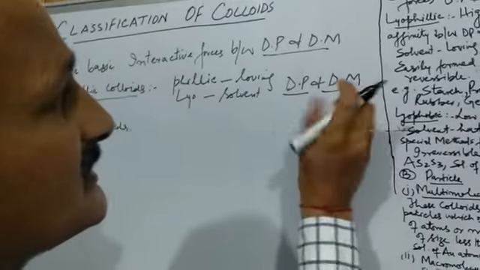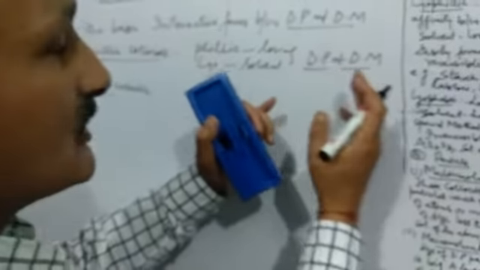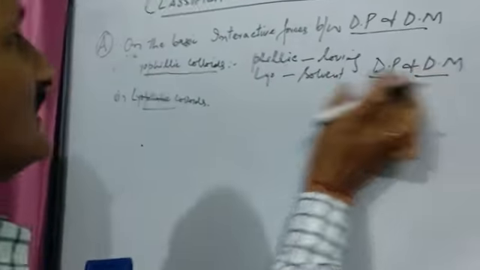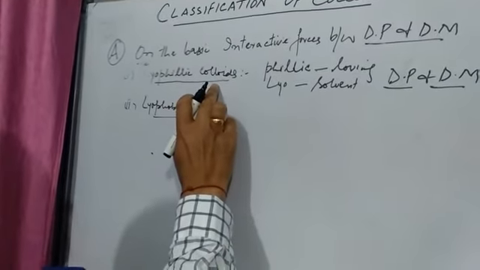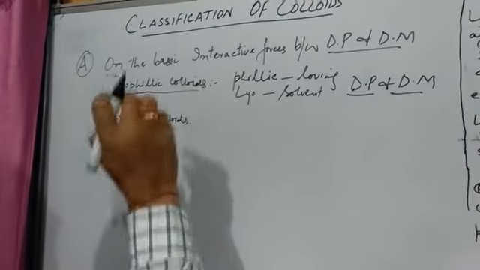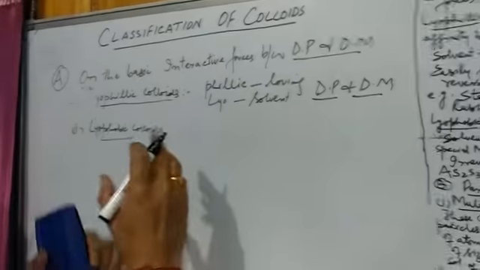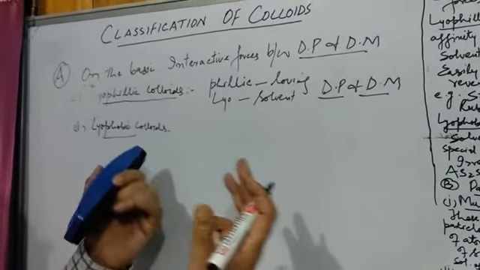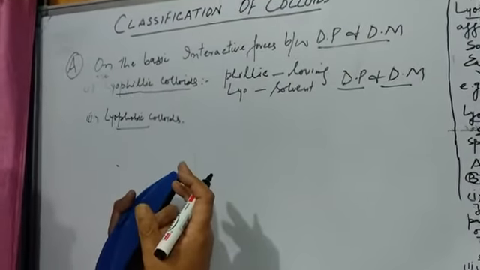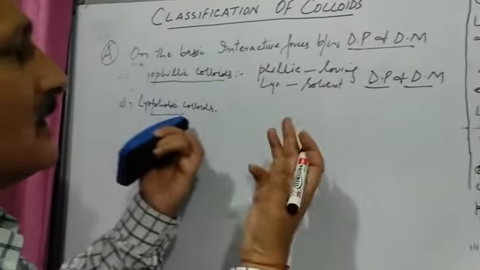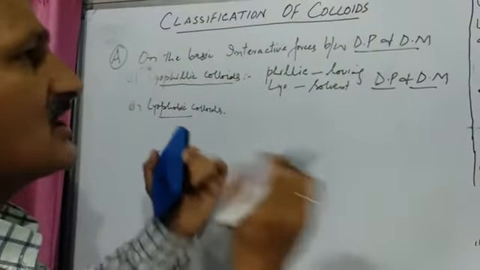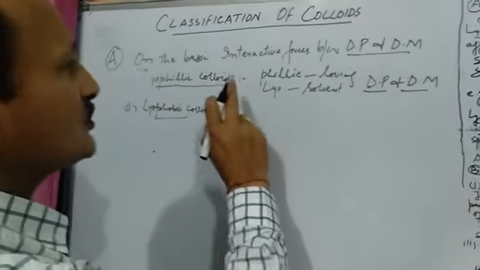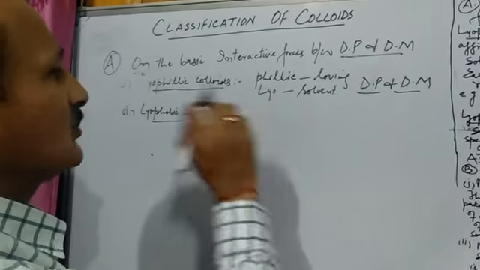When there are stronger interactive forces between dP and dM, then such a colloid is known as lyophilic colloid. These colloids get formed quite easily. We don't require any special methods for their formation. A lyophilic colloid can be easily prepared by just mixing and shaking them. And these colloids are reversible colloids.